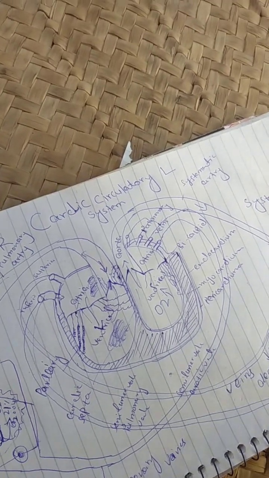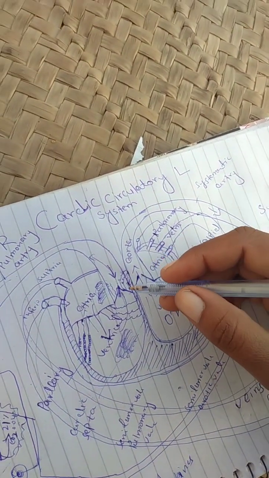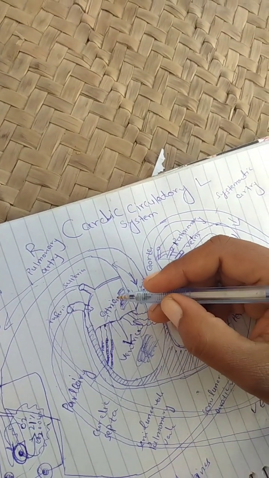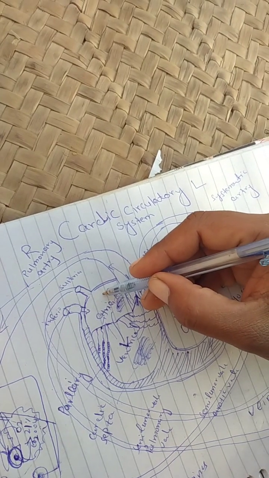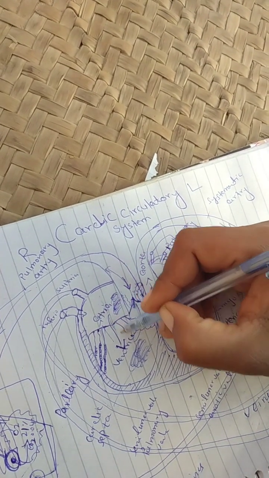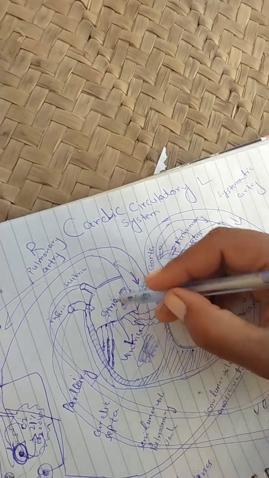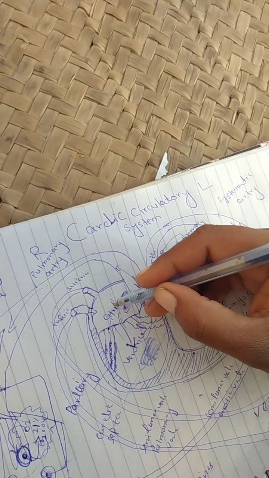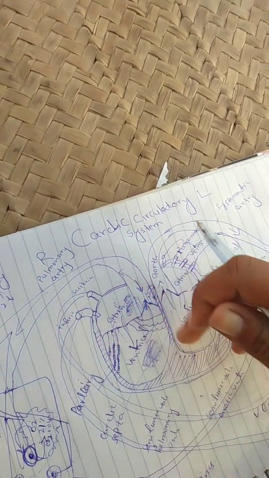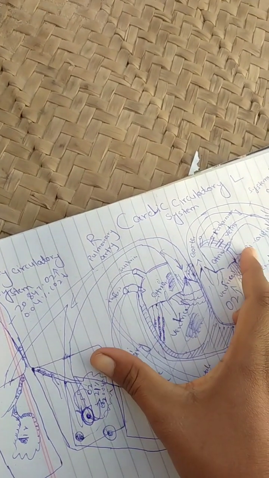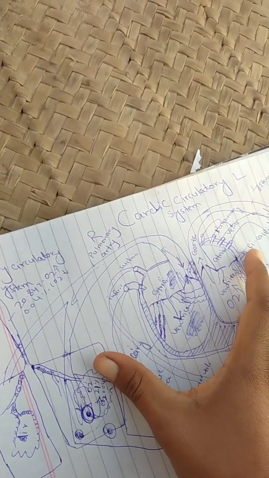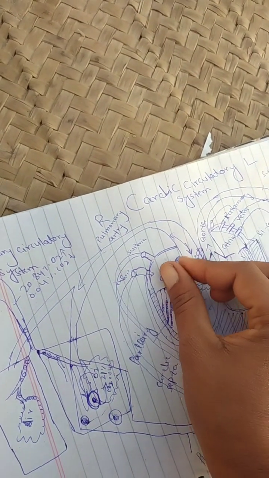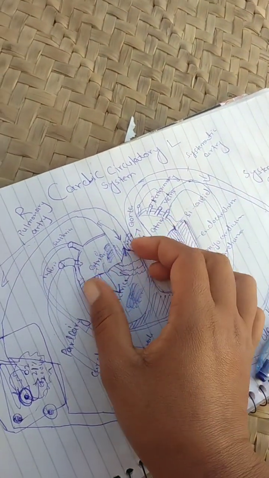Two types of sound are produced. The lub sound is produced when blood flows speedily from the atria into the ventricles. When the atria contract, at the same time the tricuspid valve and bicuspid valve open.